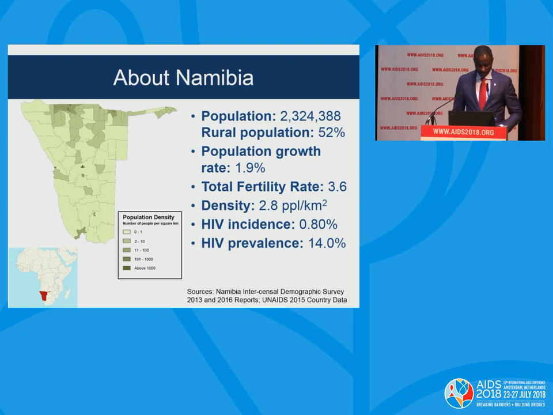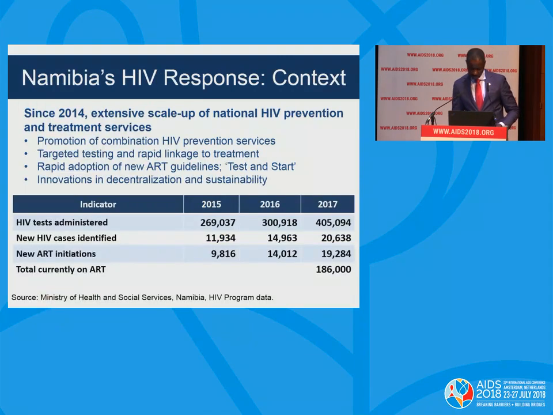Since 2014, Namibia has been extensively scaling up its HIV services, and that includes promoting combination HIV prevention services, targeted testing, and rapid linkage to treatment.